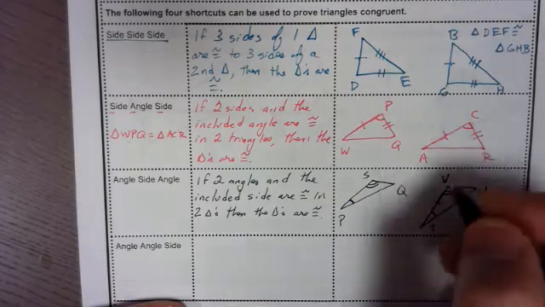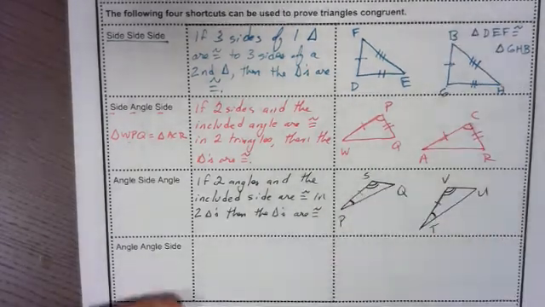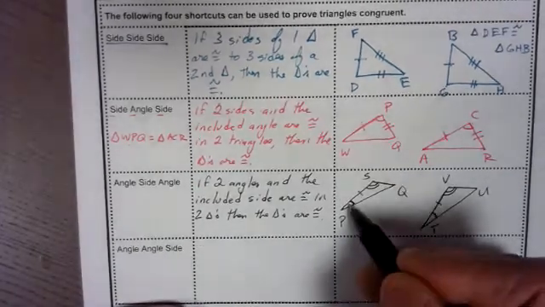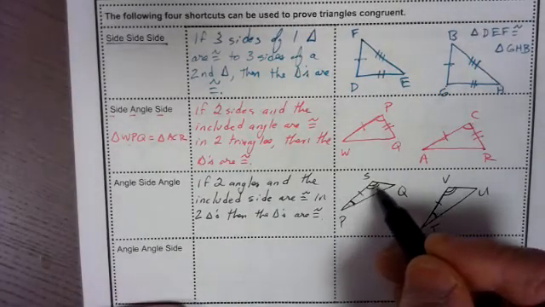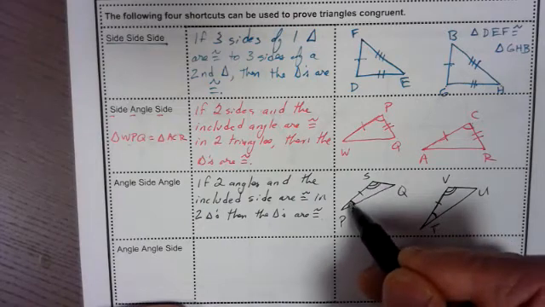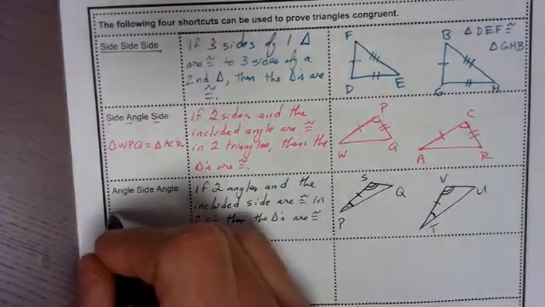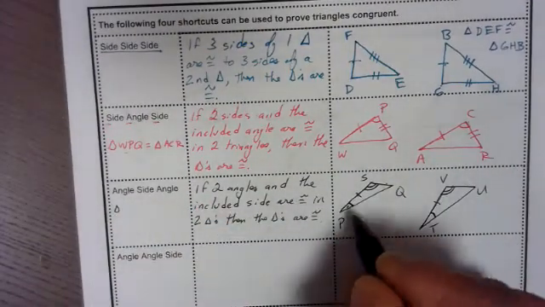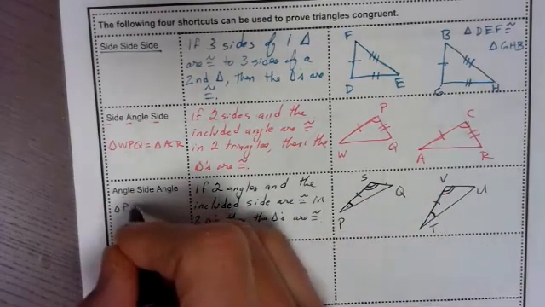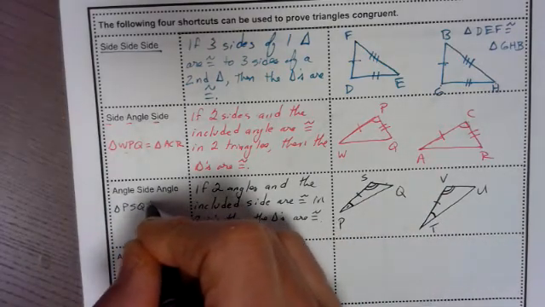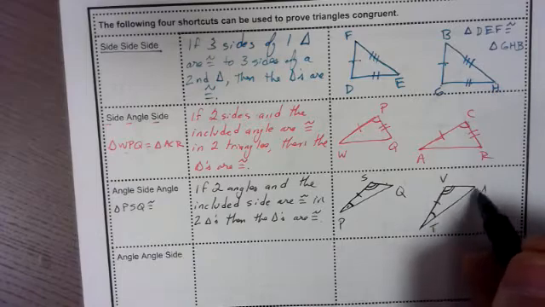So this side, VT, would have to be congruent to SP. Angle, and then the next side, and then the next angle. We can't jump angle, side, angle. We have to do the included side, angle, side, angle. So that tells us that triangle PSQ is congruent to triangle TVU.